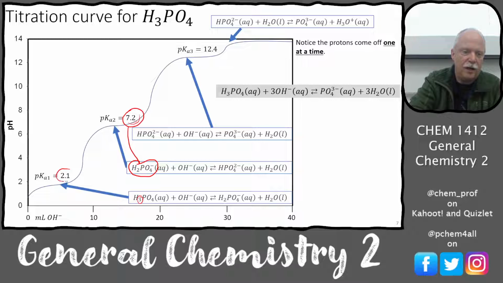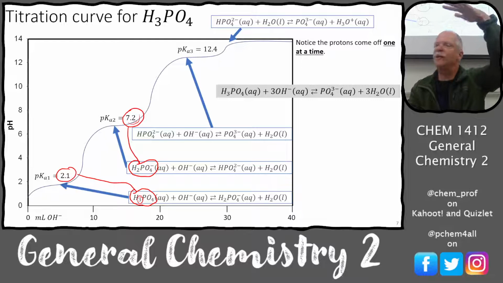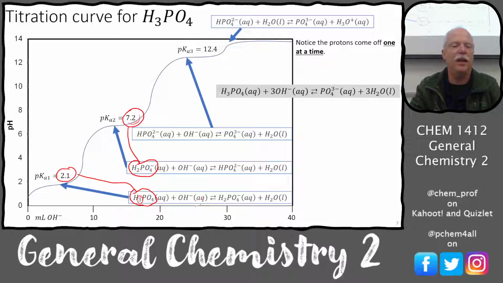The 2.1 is a property of this acid. So you see, when we run out of that 3-proton version, we don't have an acid in the solution that's going to hold it at 2.1. So it jumps up to the next one, and the pKa for the H2PO4 is 7.2.